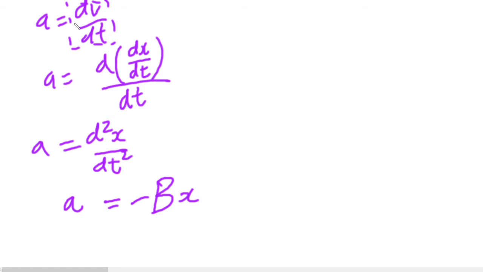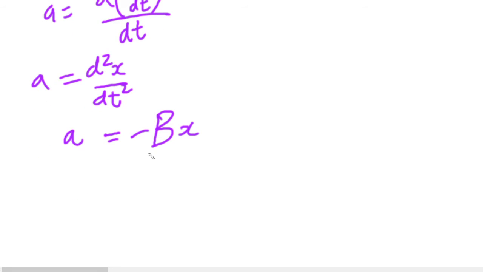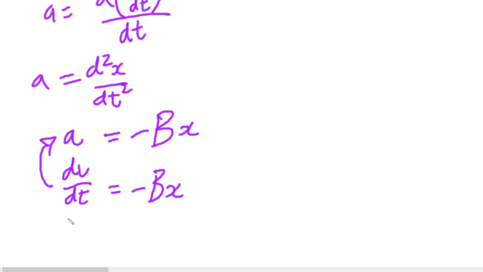We're going to be using dv by dt in a pretty unique way to tackle the problem. dv by dt is therefore equal to minus bx, because this is a, right? So if we multiply dv by dt by dx over dx, which is equal to 1, we're not actually changing anything in the equation, are we?